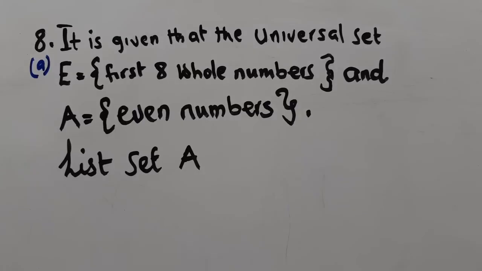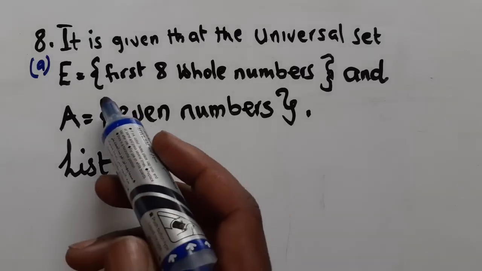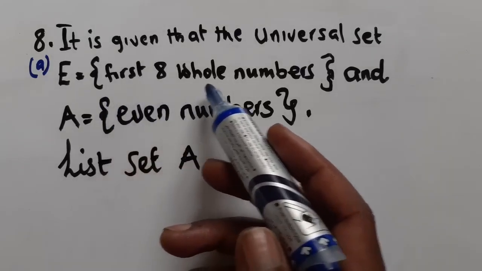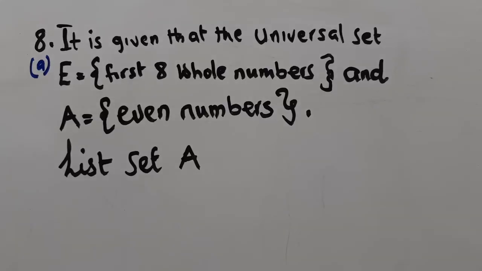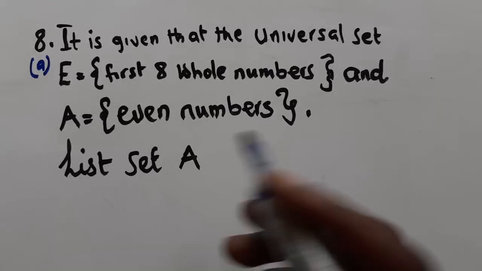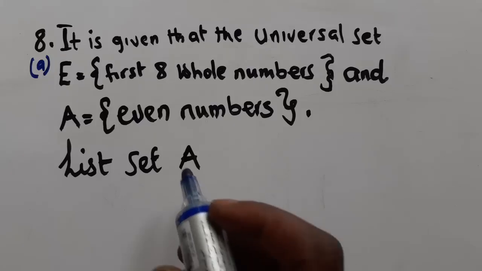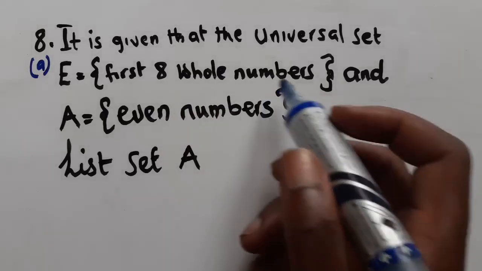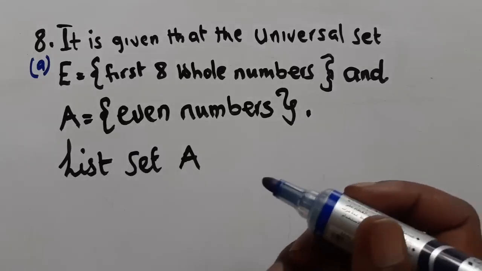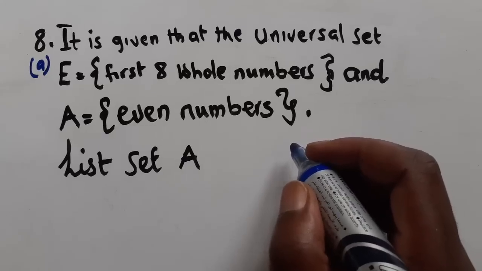Now it is given that the universal set is equal to the first 8 whole numbers, and then the even numbers. What are whole numbers? Please, you can pause, Google, find the answers. We need to know what whole numbers are and what an even number is.